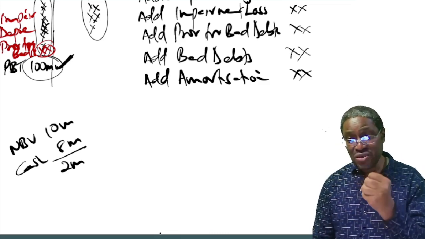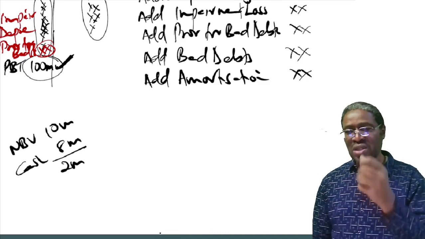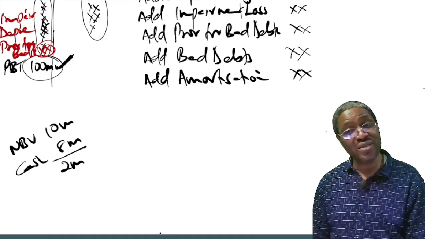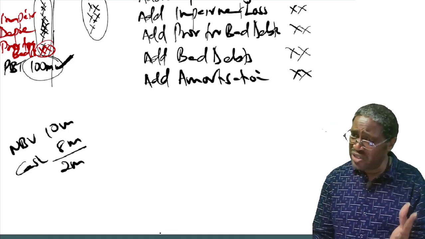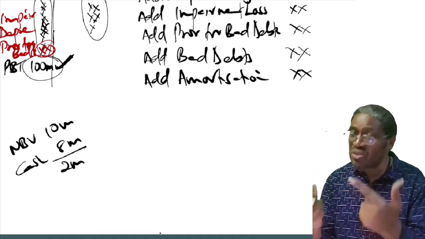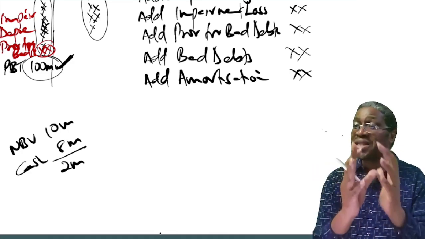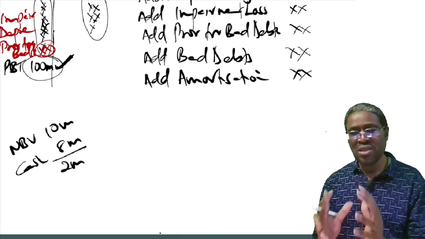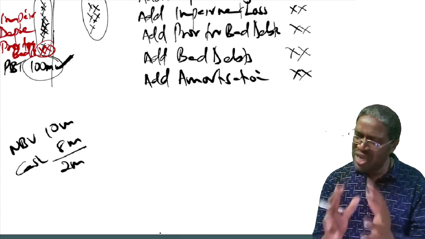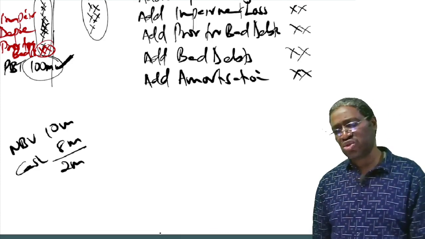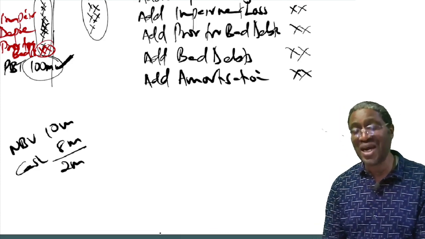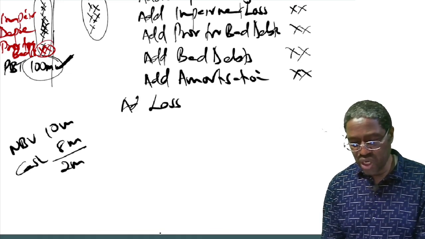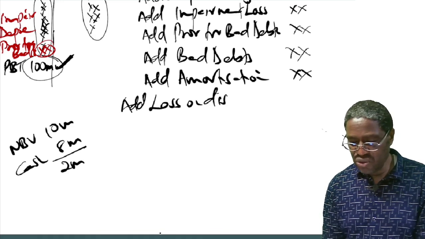So as a business, you made a loss of 2 million. That loss on disposal is not something you paid. It's just a bookkeeping entry. You took it to the P&L account as a loss among the expenses. So as far as cash flows is concerned, that item made your expenses more than they should be, and therefore you come and adjust it by adding back that loss on disposal.